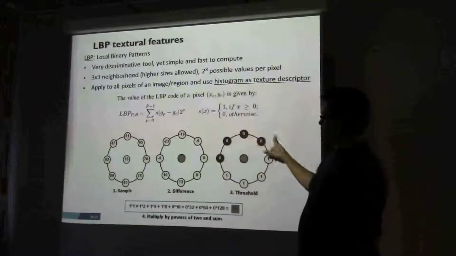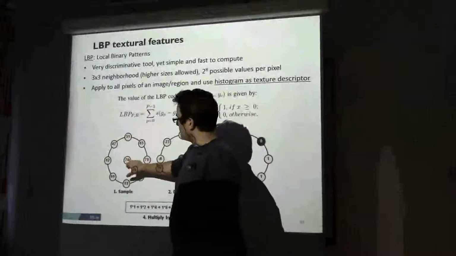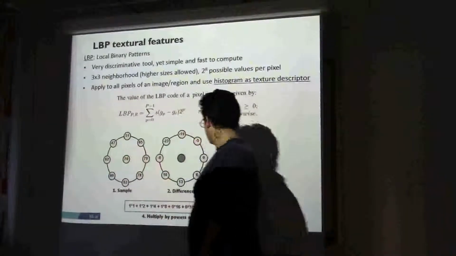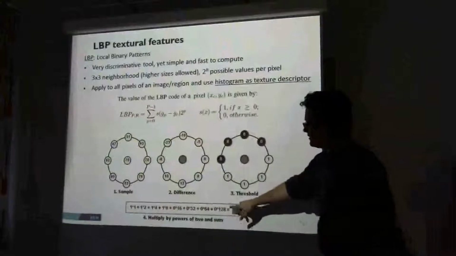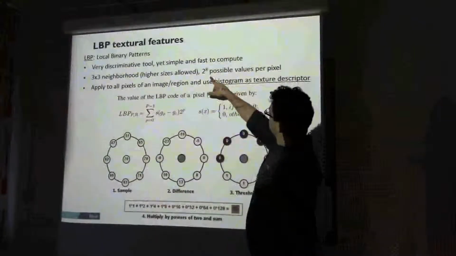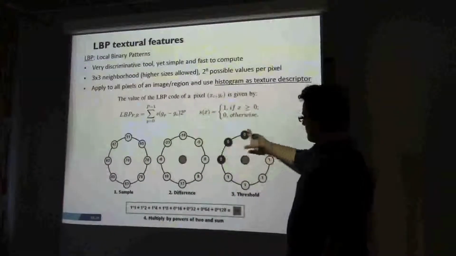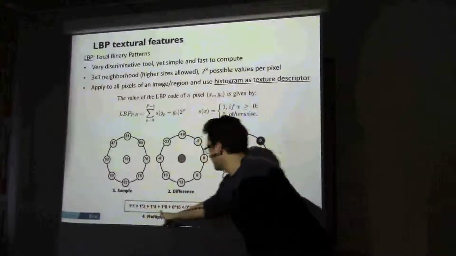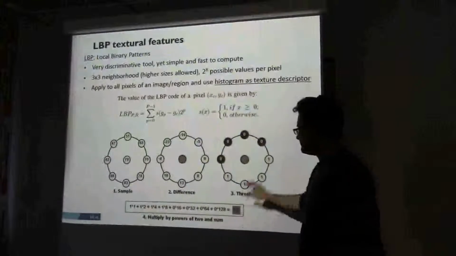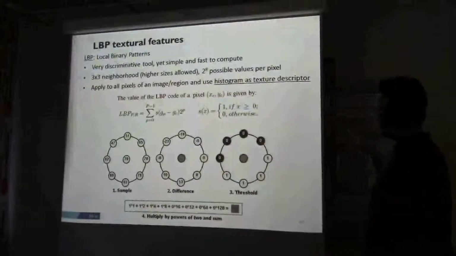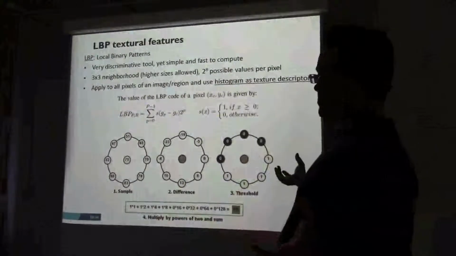So you get a binary vector, based on the relative difference between the center and each neighbor. You have 8 different pixels, so this vector can have 2 to the power of 8 different values. And then you do the same for each pixel of the grayscale image, and you can get a feature vector for the whole image.